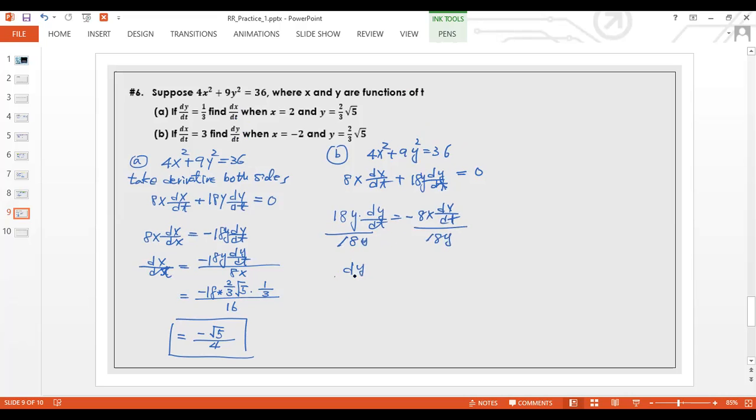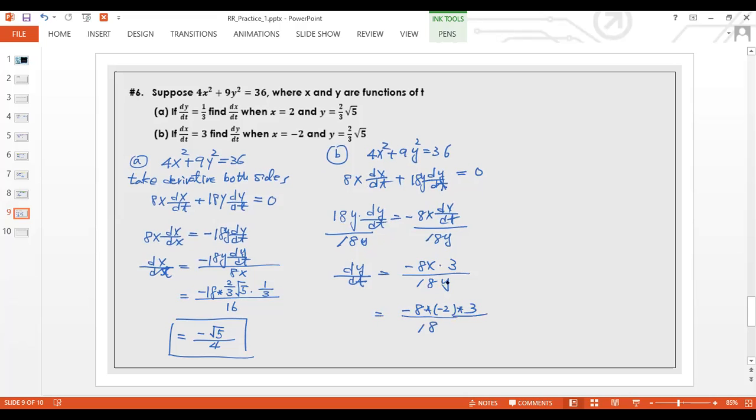So dy/dt is going to be negative 8x dx/dt over 18y. dx/dt is 3. Now I can substitute the values. What is x here? x is 2, negative 8 times 2 times 3 is 48, over 18 times y.